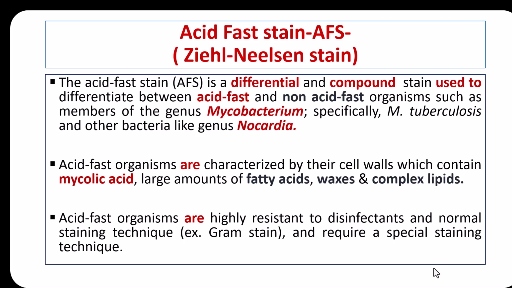species of Nocardia. To understand why these bacteria are acid-fast, we need to understand the structure of the cell wall of these microorganisms. They have cell walls that contain large amounts of mycolic acid along with other complex lipids, fatty acids, and waxes.